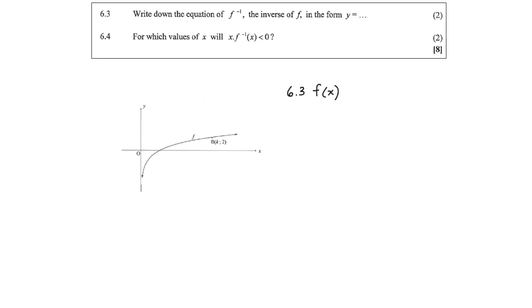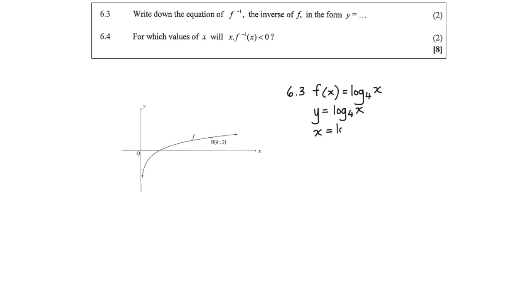Now the equation of f(x) is log base 4 of x. And when you determine the inverse of a function, you reflect the function over the line y equals x. That means you are going to swap the y and the x in the equation of the function.